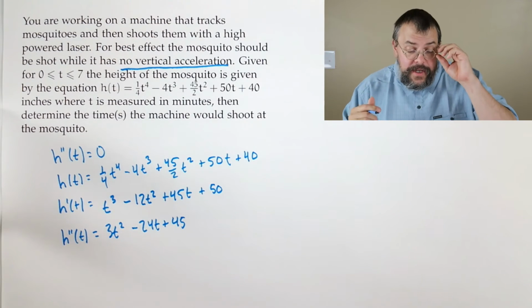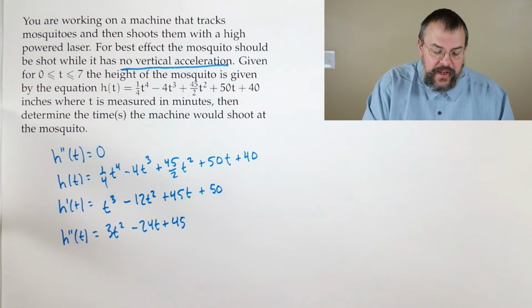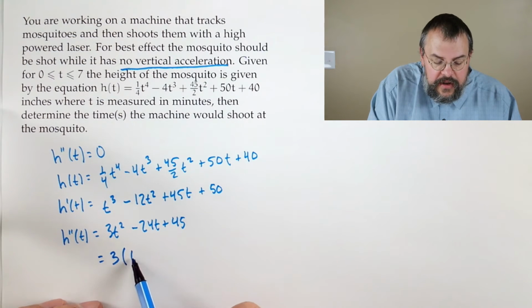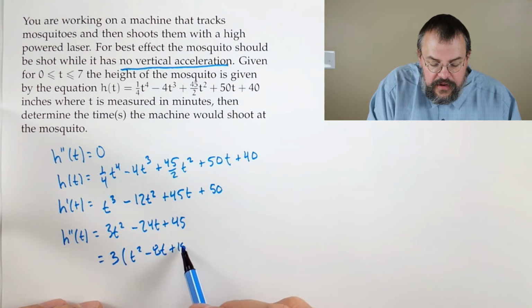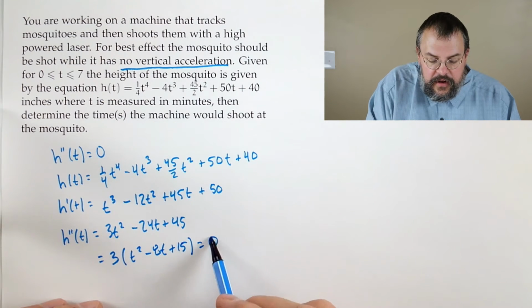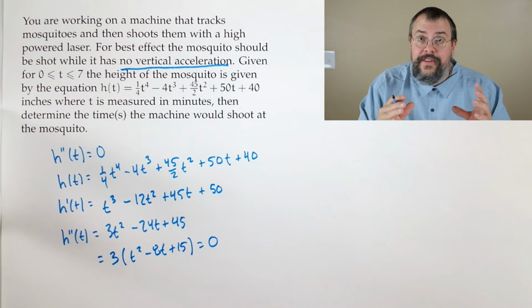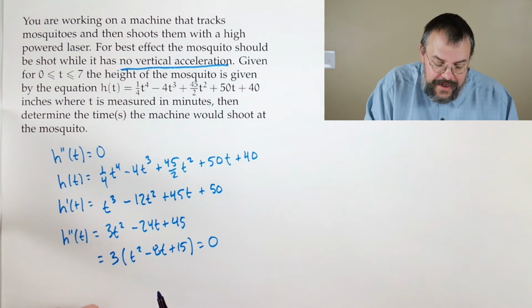All right, so here we go. Let's figure out what we can do. Well, one thing, we can pull out a 3. If we pull out a 3, we get 3 times (t squared minus 8t plus 15) equals 0. All right, now, does this factor? You're probably thinking, yeah, of course, everything factors.